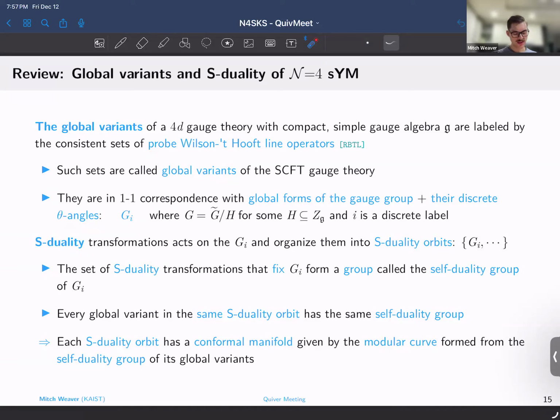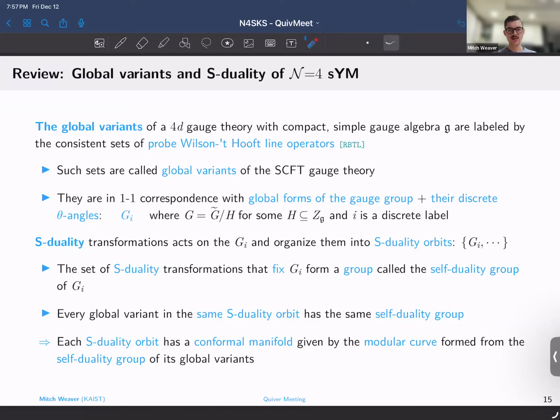And S-duality acts on these G_I, and it organizes them into some S-duality orbits. The set of the S-duality transformations that actually fix the global variant is what I'll define to be the self-duality group of that global variant.